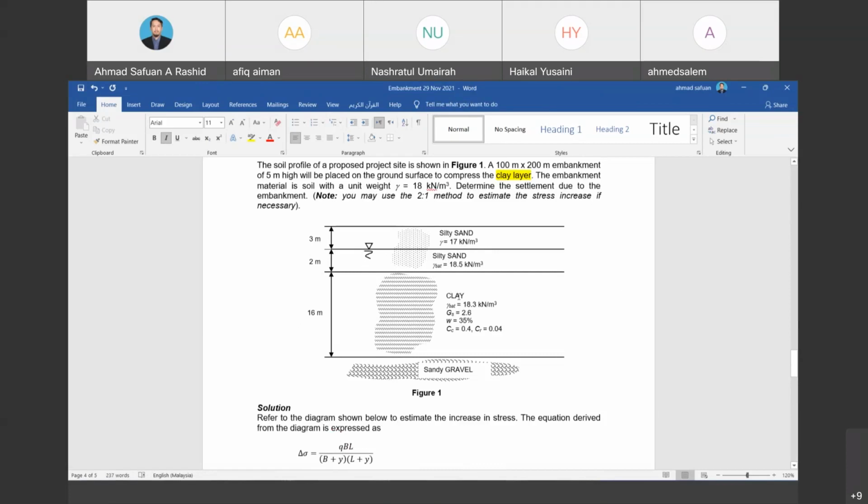The next layer is the clay, with a unit weight of 18.3, specific gravity 2.6, water content equal to 35, Cc equal to 0.4, while Cr is equal to 0.04. Then the clay layer overlies the sandy gravel.